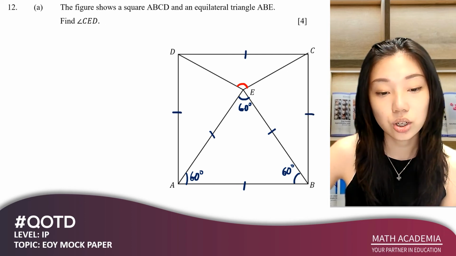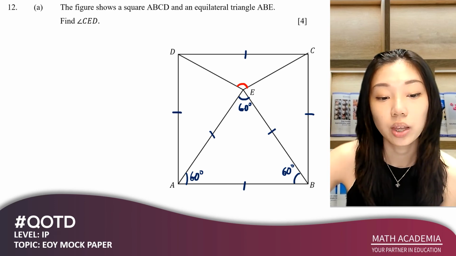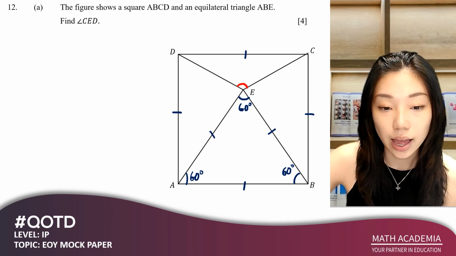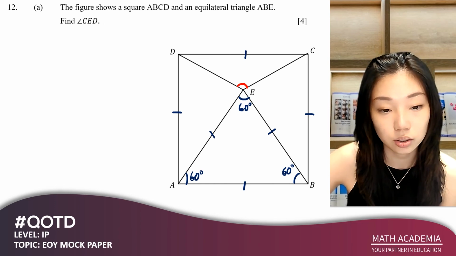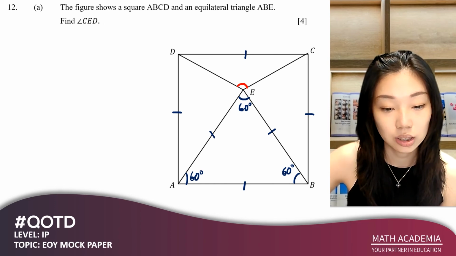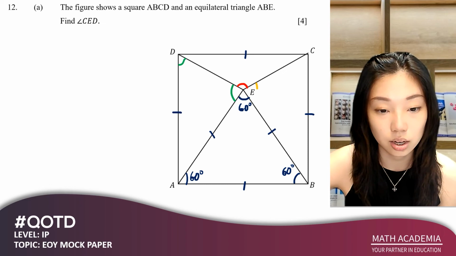Just by looking at this, we will realize that triangle ADE and triangle BEC are isosceles triangles. That means these two angles are the same, and these two angles are the same.